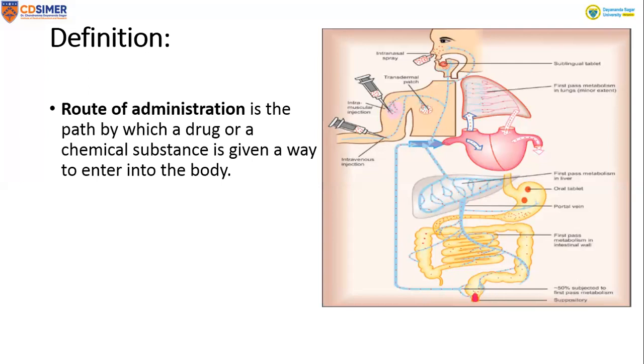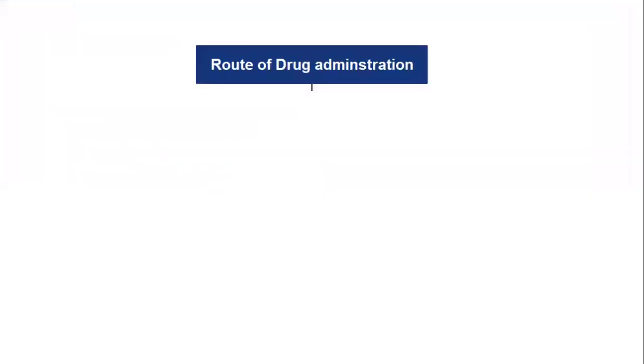Then you can get into enema or suppository administration like this. Also, you can apply locally. Local applications can be, intra-arterial injections like this. I will come back to all these routes very soon. So, route of administration is the path in which a drug or a chemical substance can enter into the body.